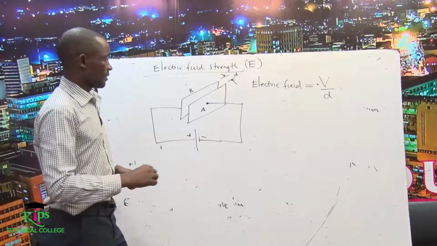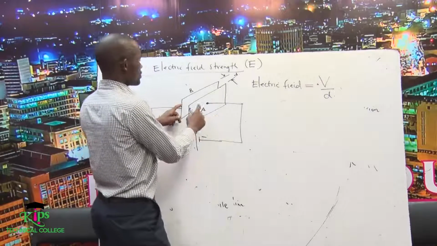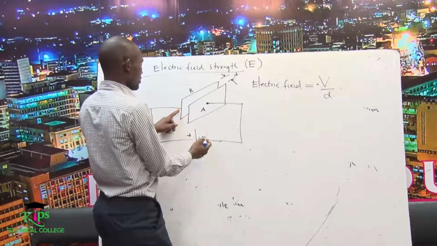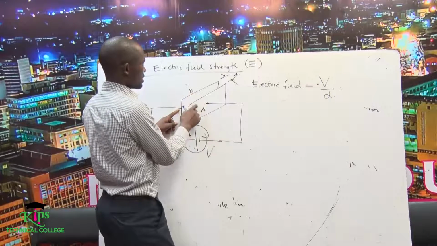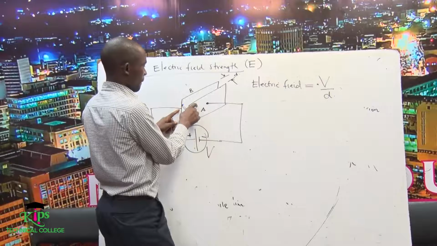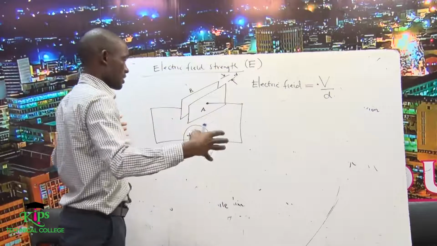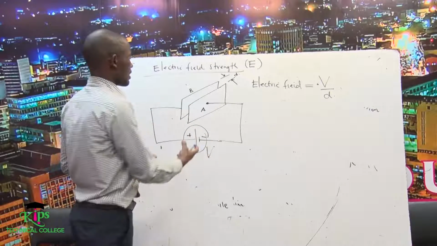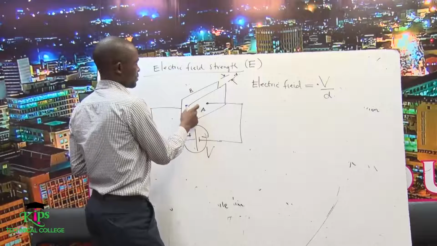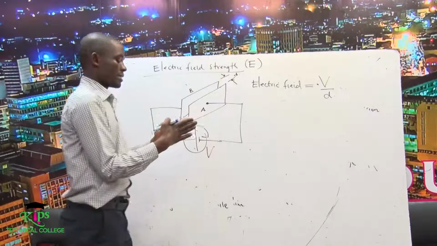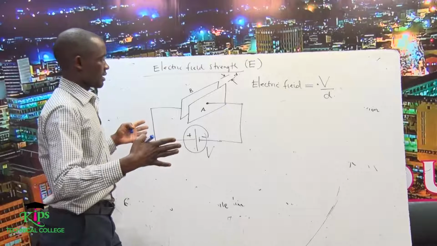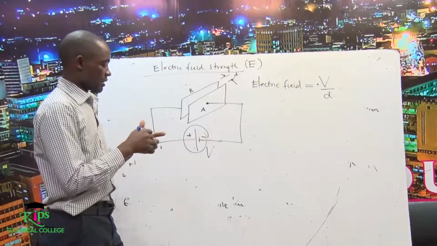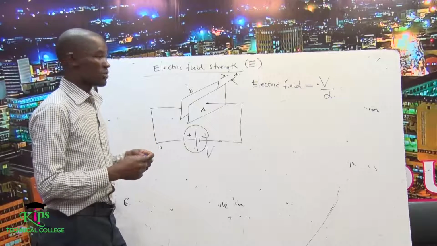The charge stored by these two plates is dependent on the voltage. The higher the voltage, the more charge this capacitor is going to store. And the bigger the distance, the smaller the charge that will be stored. So the closer the plates, the higher the ability to store charge. But the farther apart the two plates are, the capacitance will reduce drastically.